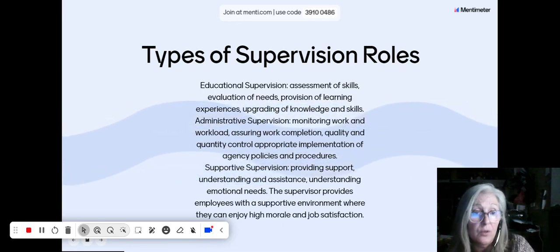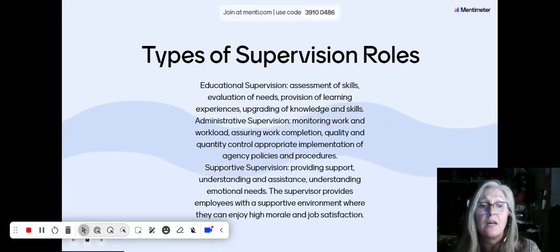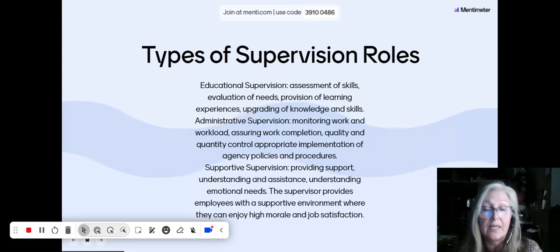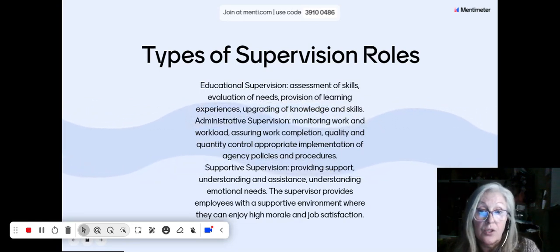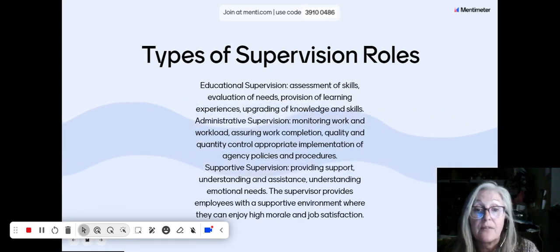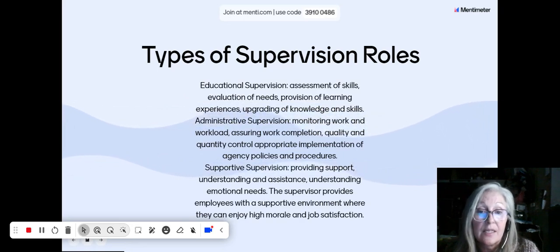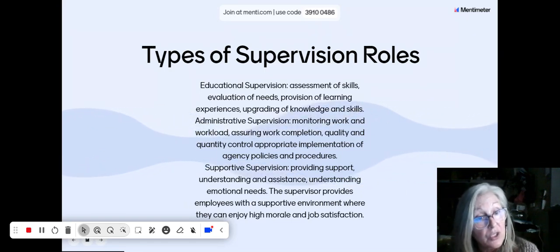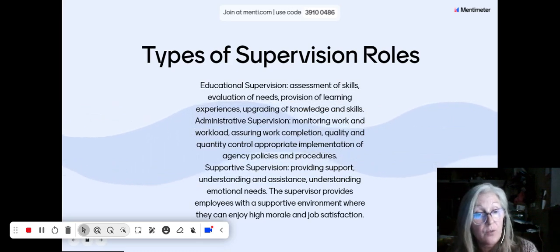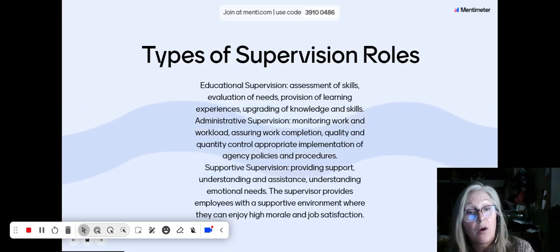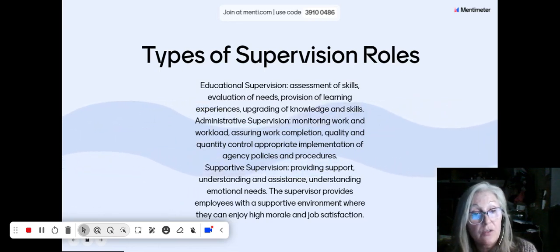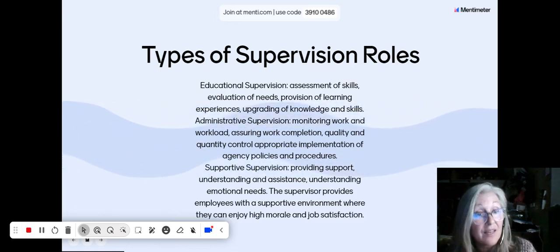In different states, we'll say a resident in training, a supervisee, or a trainee. You'll have to know what the terms are for the state that you live in or are licensed in. But basically, we're talking about during clinicals, your last year of grad school, and then after graduation, when you are under clinical supervision for a couple of years, and then you become eligible to be a clinical supervisor.